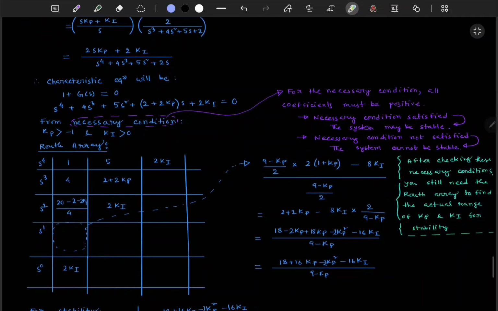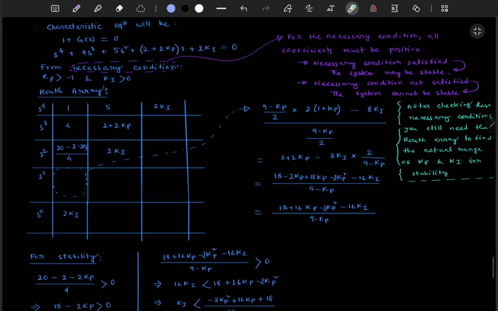Okay, so from the necessary condition, Kp, if you equate this greater than 0, then you will get Kp greater than -1, and here if you equate this greater than 0, then Ki greater than 0. Now the Routh table we are writing: s to the power 4, s cube, s square, s1, s to the power 0.